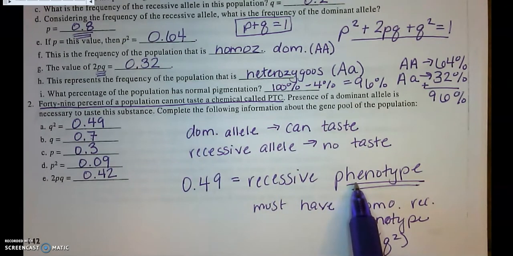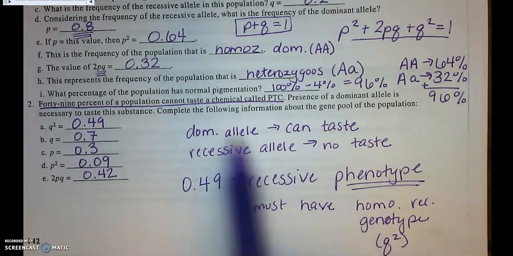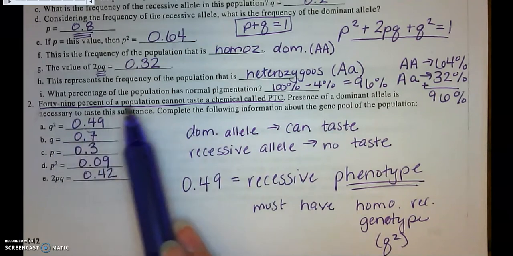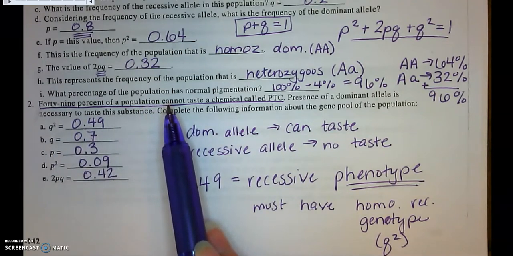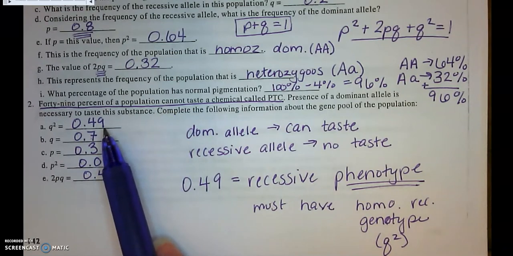Now, to have a recessive phenotype, we know that your genotype has to be homozygous recessive, or 2 lowercase alleles. In our equation, that corresponds to Q squared. So our question, 49% cannot taste it, is telling us right off the bat what is the value of Q squared. So that would be 0.49.